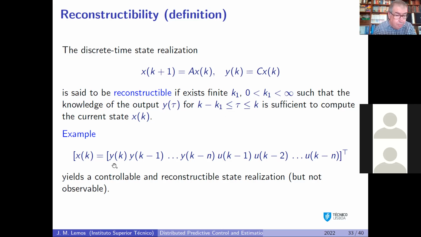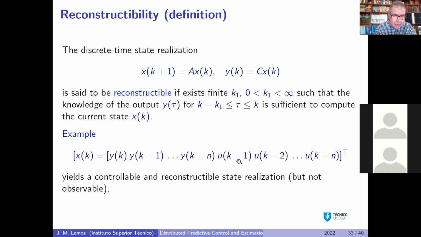An example is given by a state which is made of the last samples of the output and the last samples of the manipulated input. This is a non-minimum state. It is controllable, not observable, because it is non-minimum, but it is reconstructible.